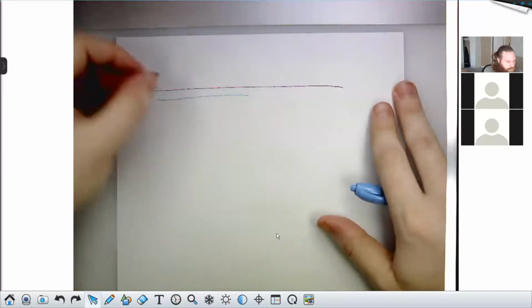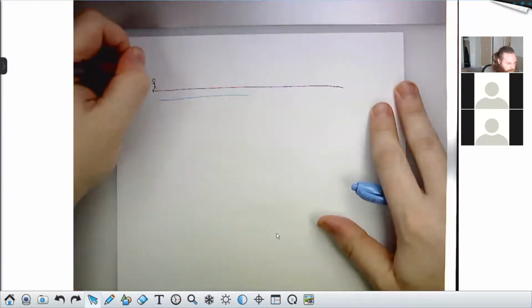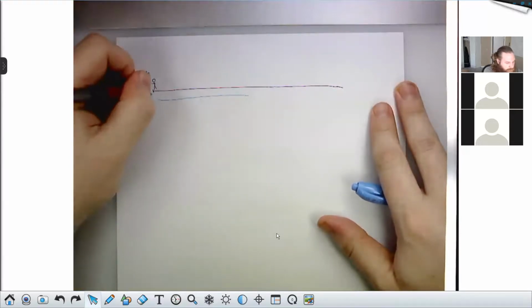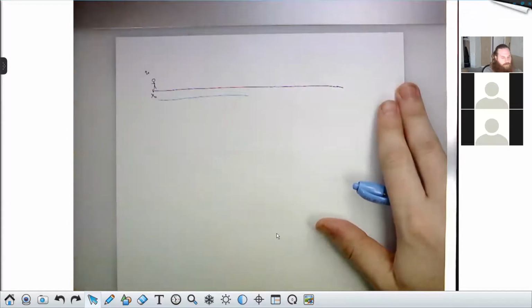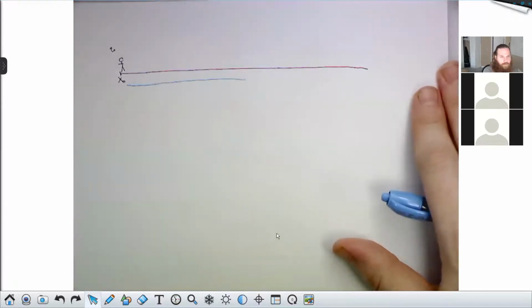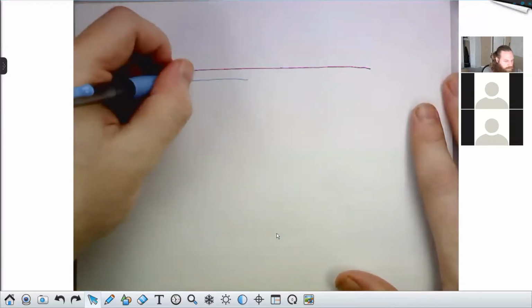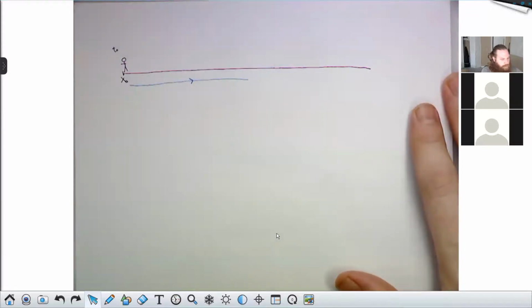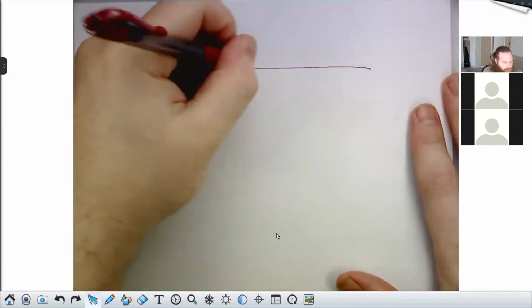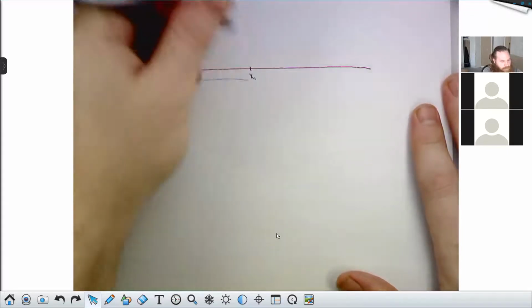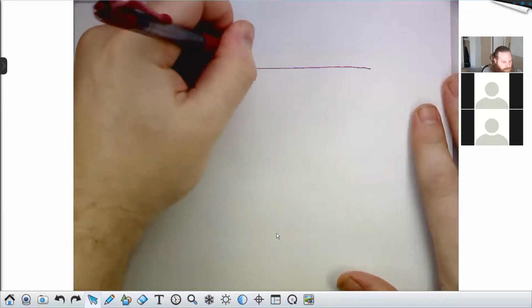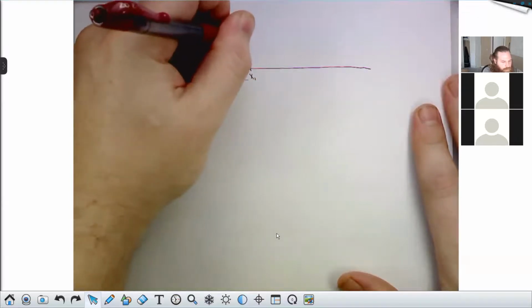We're going to say you're starting off at some time t0 at this position right here, which we'll call x0. And you're going to walk down here to some position, I'll call it x1. And we'll say I arrive at the position x1 at time t1.